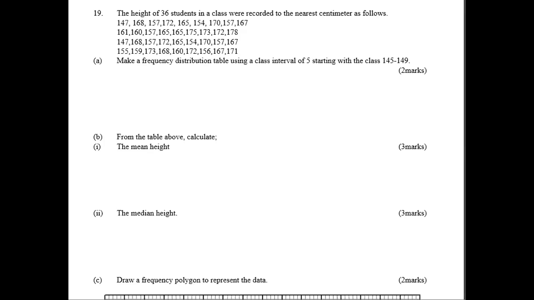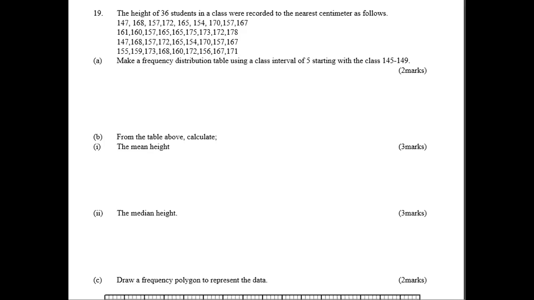And that is between 165 and 169. So we shall take the lower class boundary, 164.5, plus 18, which is n over 2, minus previous cumulative, which is 15, divided by current frequency, which happens to be 10, multiplied by class interval of 5.